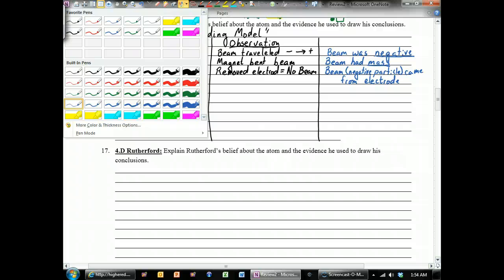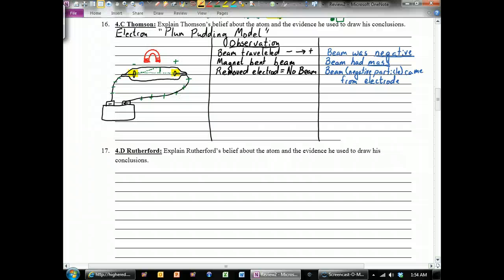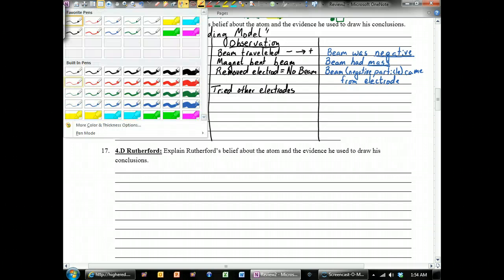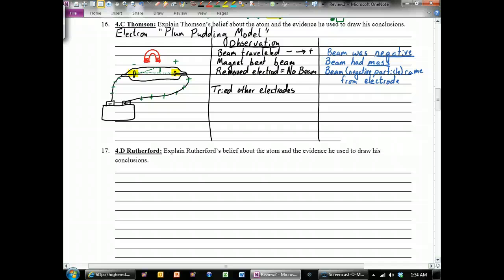So he tried other electrodes, and he saw the same result, meaning he always tried other elements and it always had the same beam of light coming from it. So this negative particle was in all material that he tried.